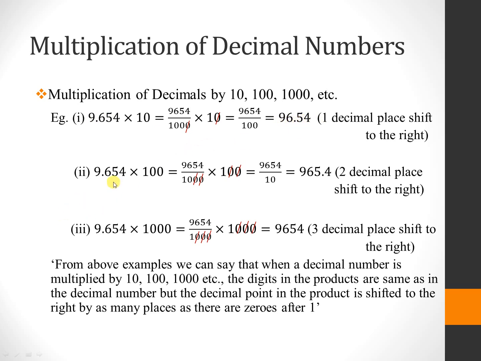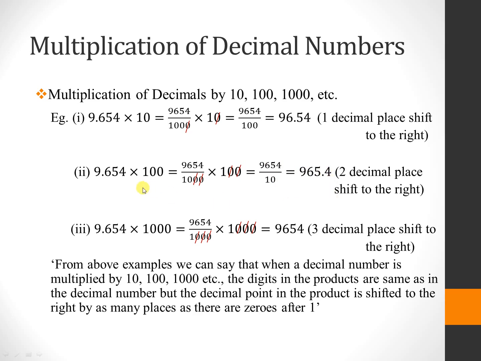Let's take another example. The same number, 9.654, but we will multiply by 100. In the same way, converting the decimal number into a decimal fraction, 9654 divided by 1000 multiplied by 100, this 100 cancels, so what is left? 9654 divided by 10. So we get the answer 965.4.